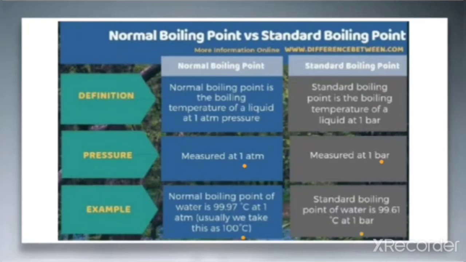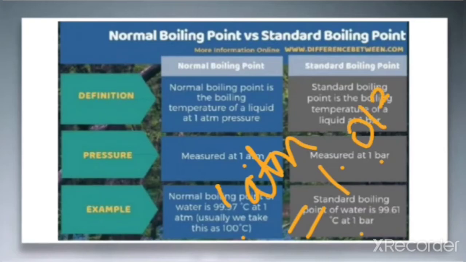Why is it different? Because here it is measured in terms of atm, and 1 atm is equal to 1.013 bar. So definitely 1 atm is not equal to 1 bar.